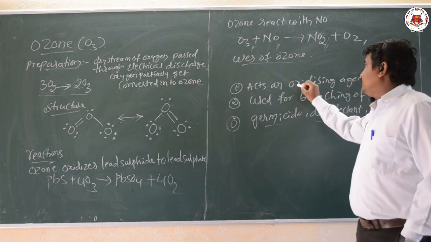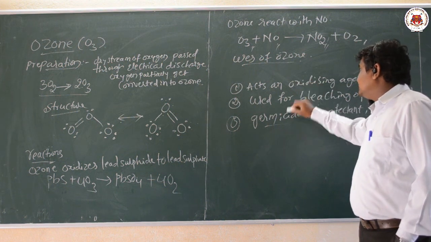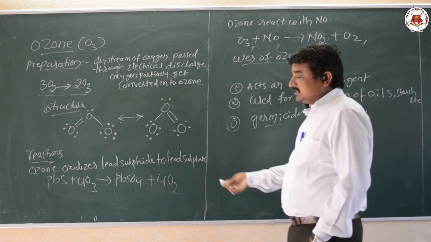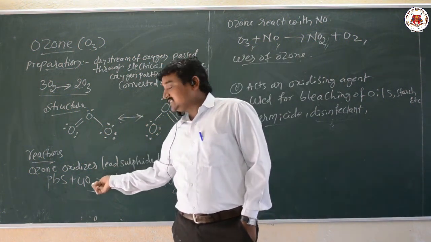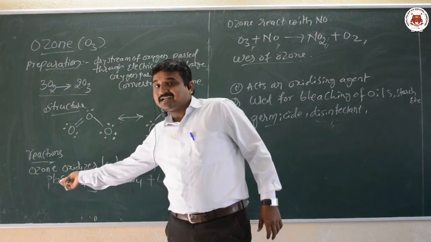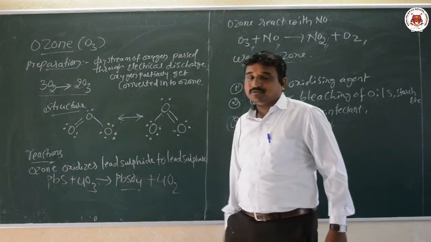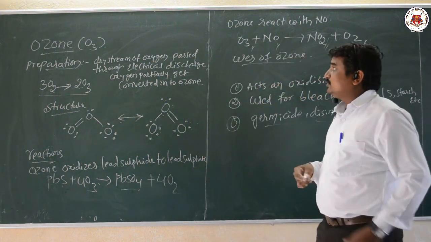One more use of ozone is as an oxidizing agent. For example, ozone oxidizes lead sulfide, PbS, to lead sulfate, PbSO4. These are the uses of ozone.